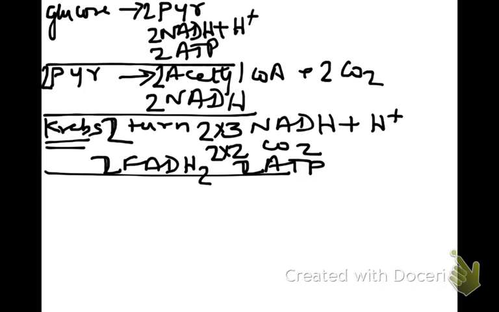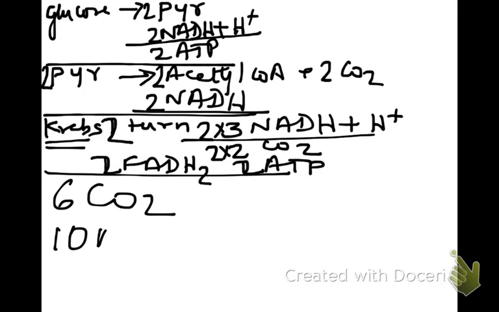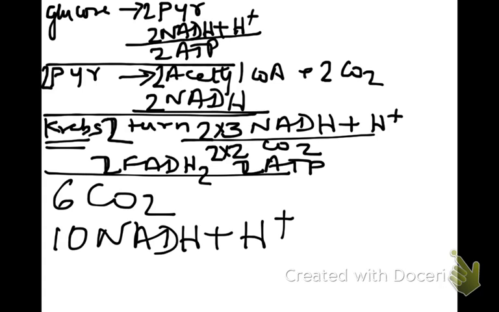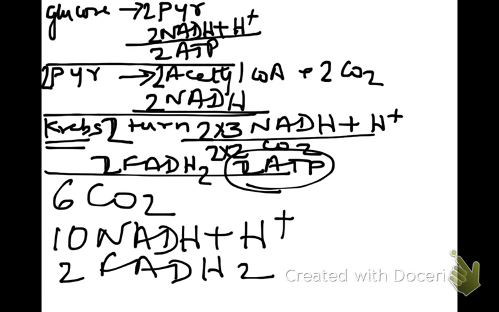So at the end of Krebs cycle, what do I have? Let us just look at it. I have 6 CO2. Okay. I have 2 NADH here, 2 NADH here, that is 4 and 6. So 10 NADH plus H plus and 2 FADH2, and 2 ATP here and 2 ATP here. 4 ATP.